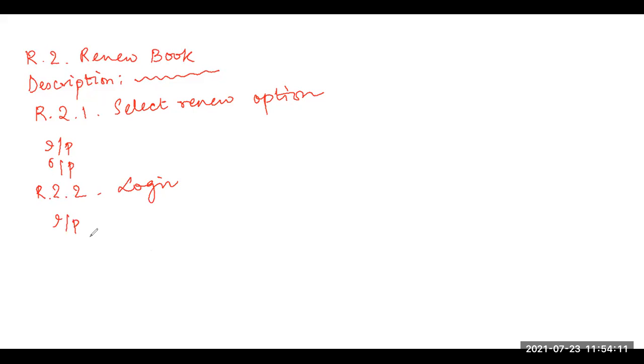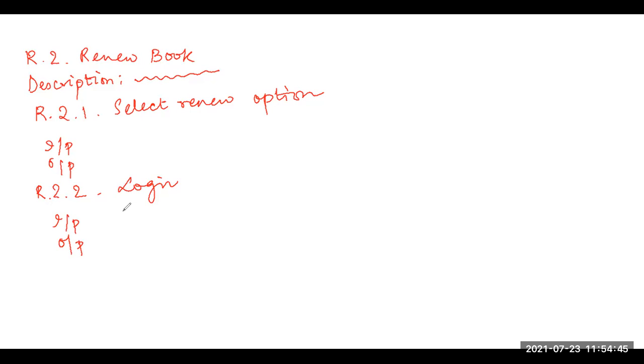The input will be that the membership number and password are given, and the output will be that once the user enters the membership number and password, the list of books which are borrowed by the user is displayed, and the user is prompted to select the books which he or she wants to renew. And if the password is invalid, the user is asked to re-enter the password. This can be the output.